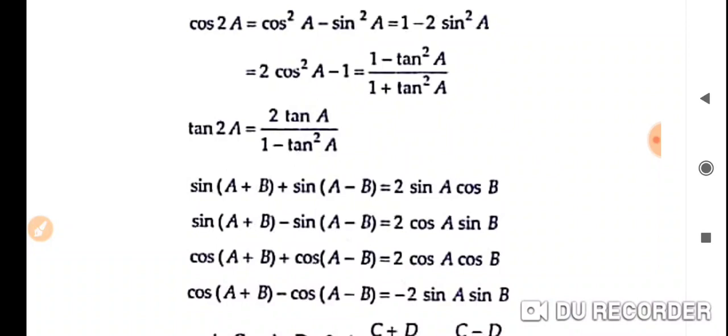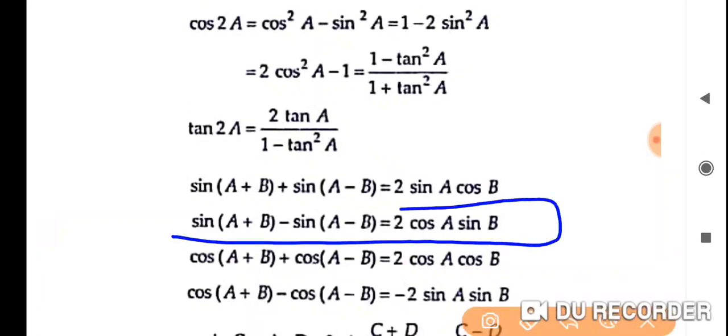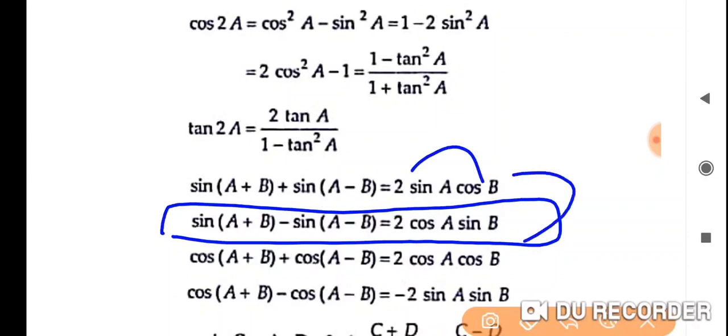And in case of difference, you have to only exchange sin with cos. In case of the difference sin(A+B) minus sin(A−B), you have to exchange sin with cos.